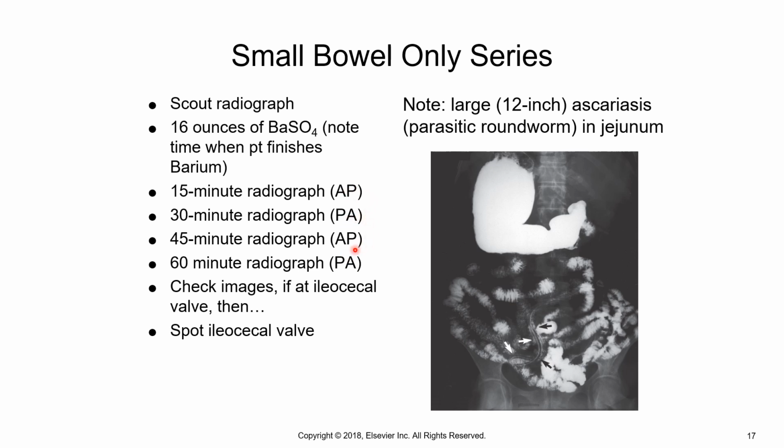Now, why do we flip-flop these? I usually say that a small bowel is flip-flopped supine abdomens. The reason for that is when you put the patient PA, it actually uses the patient's own body weight to separate and spread out the loops of bowel.